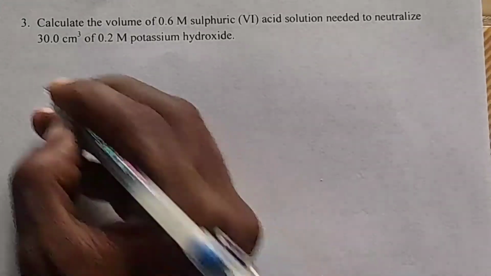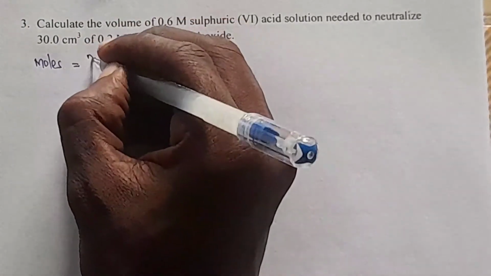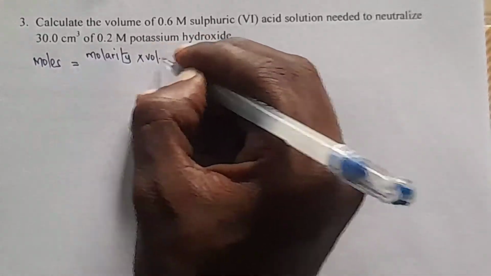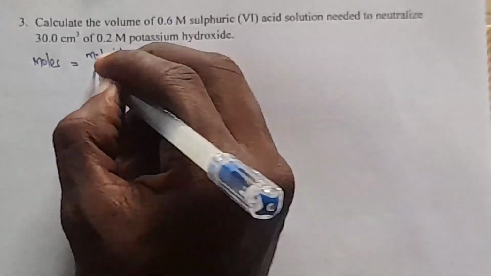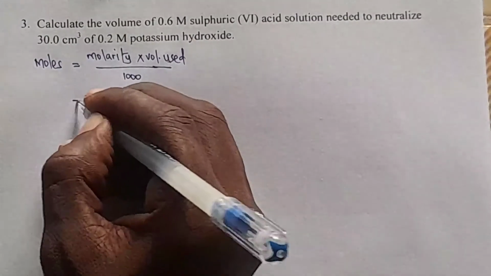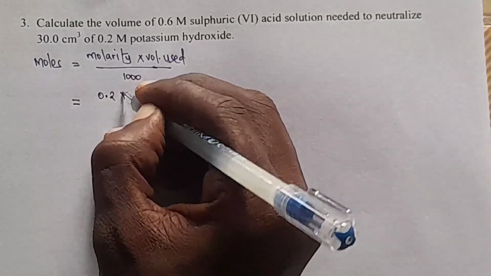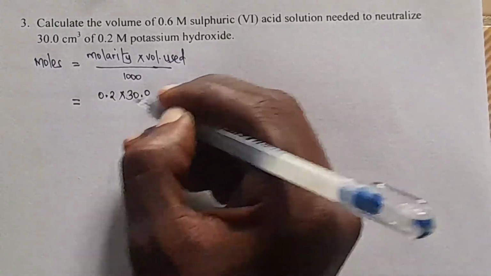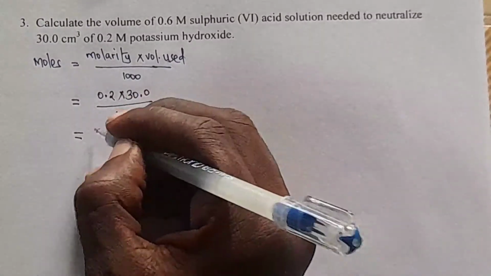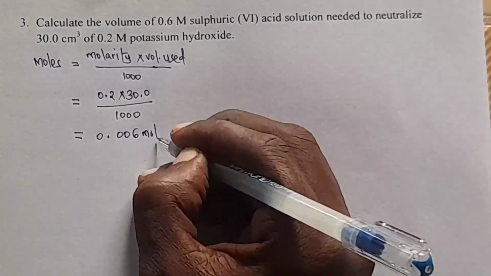Moles is equal to molarity times volume used over 1000. That will be the formula for calculating moles. So this will be equal to the molarity of potassium hydroxide, 0.2, multiplied by the volume, which is 30.0, then divided by 1000. Here we are going to get 0.006 moles of potassium hydroxide.